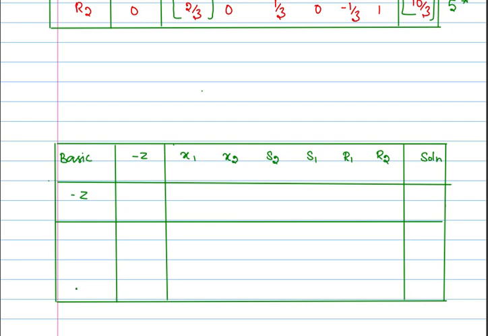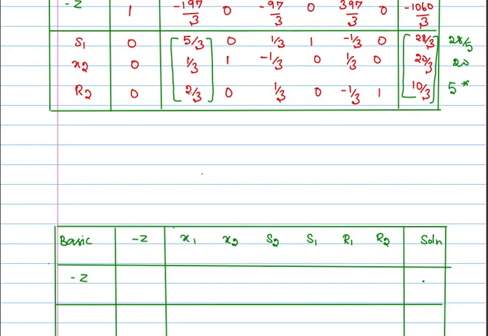So this one is x1 and I want to make it 1. So I want to divide by 3 by 2. So 3 by 2 means 1, you will get 0, you will get 1 by 2, 0, minus 1 by 2, 3 by 2, then 5.